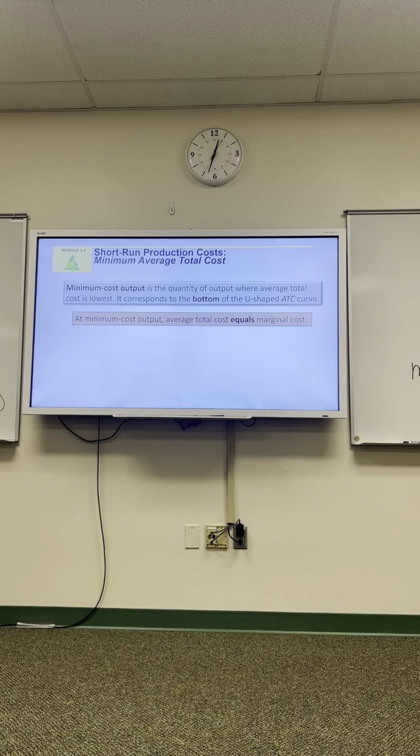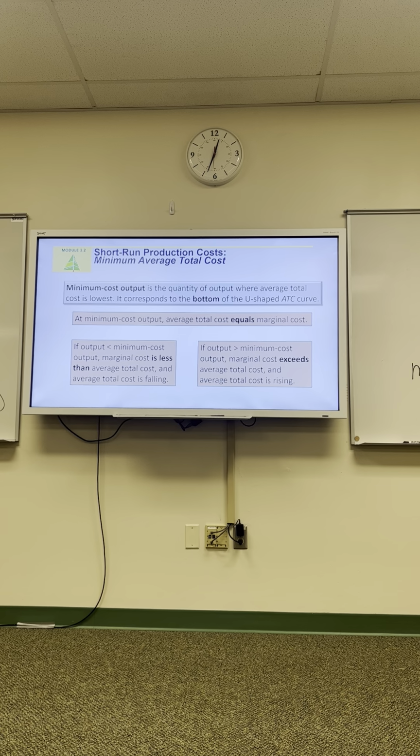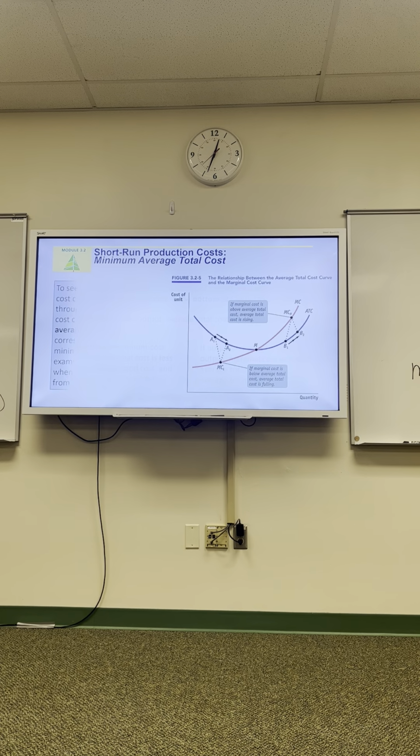It cuts through the bottom of this bowl. This is the place where marginal cost and average total cost are equal. That's because marginal cost is pulling average total cost down until here, and then the marginal cost curve is pulling it back up. So the marginal is pulling it down at first, and then it's pulling it back up. That's where you get that shape. Okay.